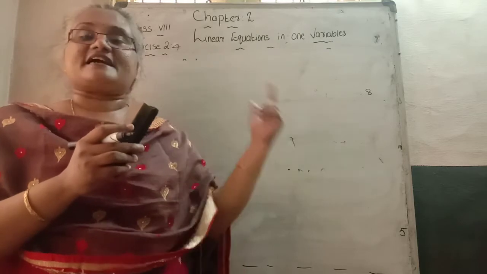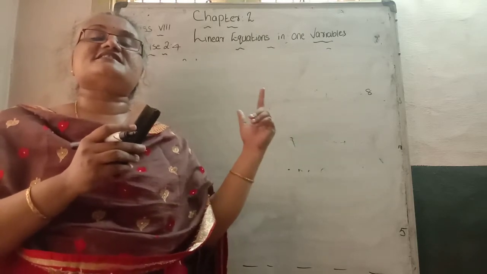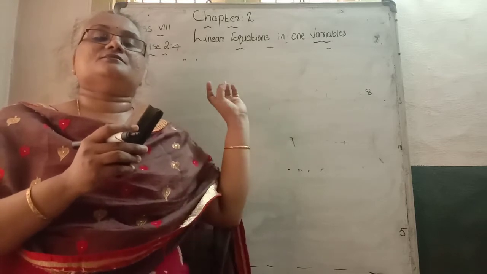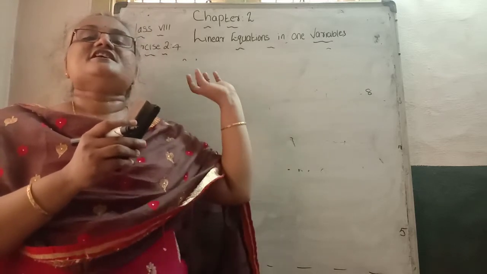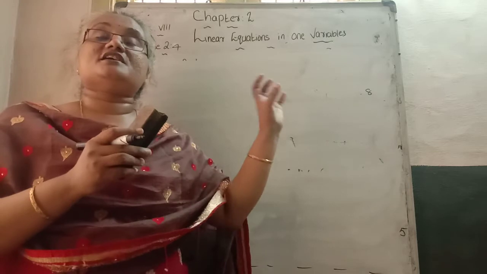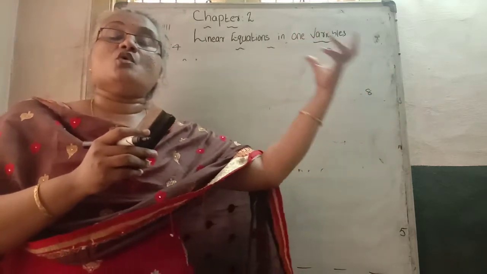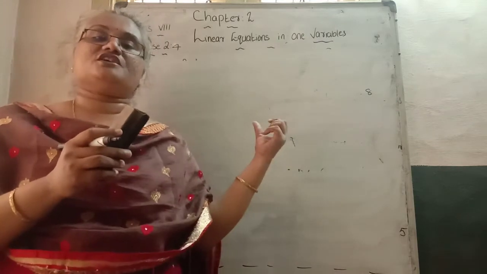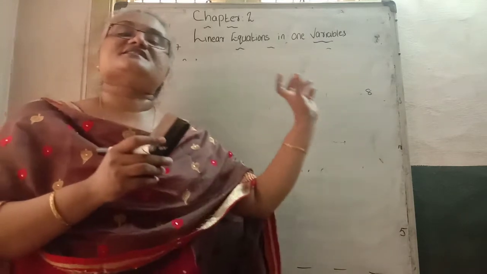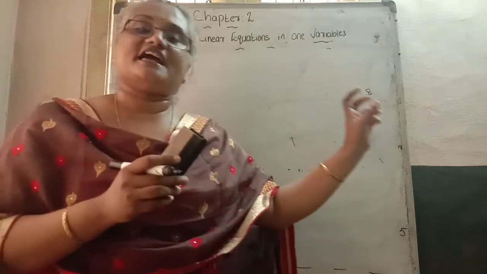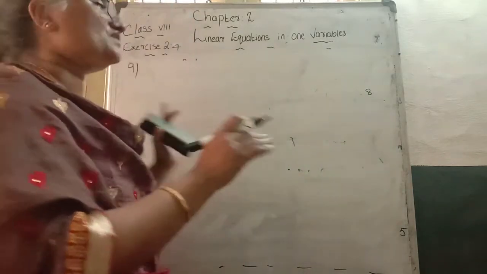And in the second line of this question, they say that the present age of the grandfather, that means 10x, is 54 years more than the granddaughter. So find out the present age of the grandfather and the present age of the granddaughter. That is the meaning of that question.